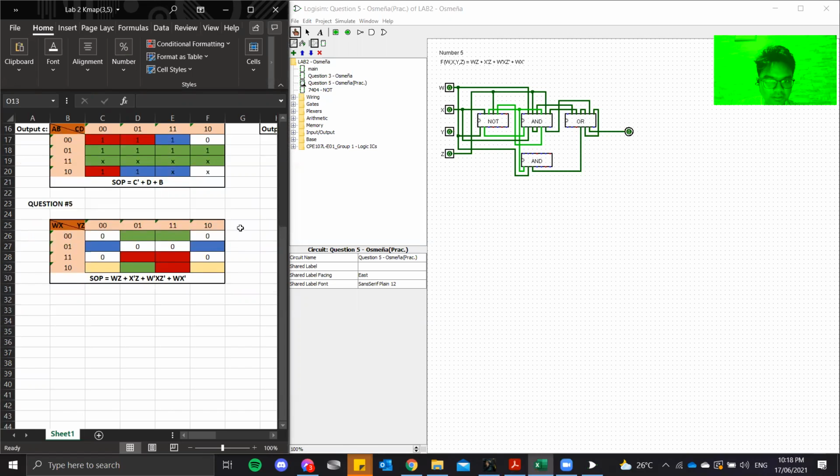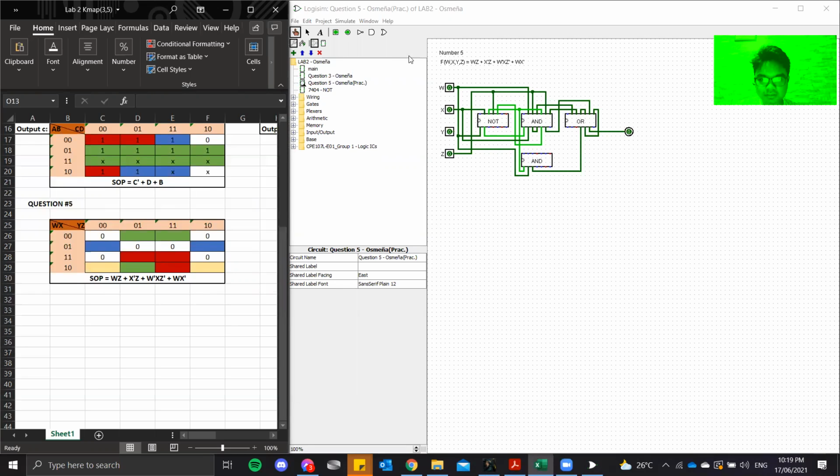So we have yielded the sum of products of W ANDed with Z, or X prime ANDed with Z, or W prime ANDed with X ANDed with Z prime, or W ANDed with X prime.